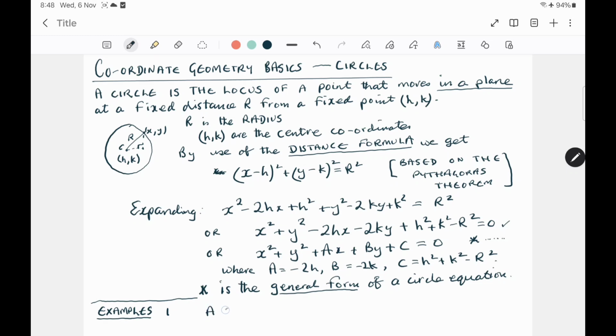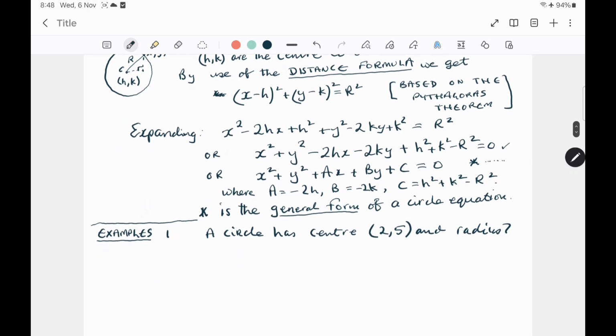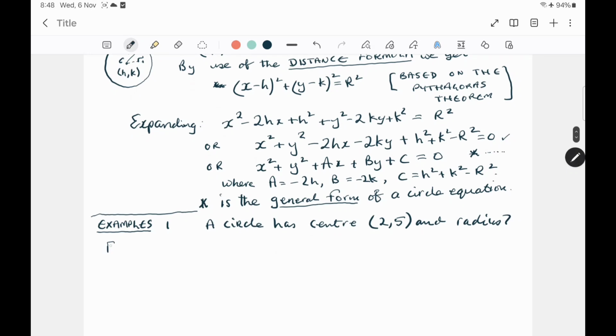A circle, a center, the coordinates we'll say are 2, 5, and radius 7. And we want to find an equation for that circle.